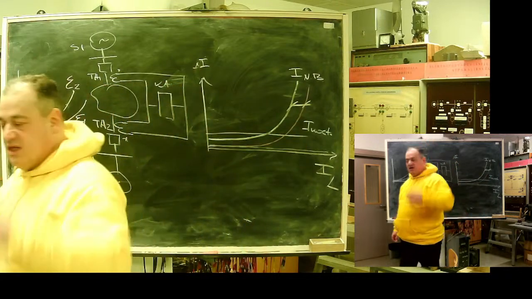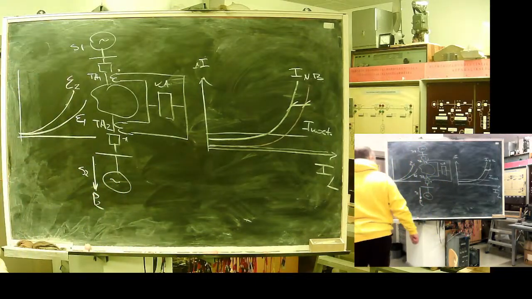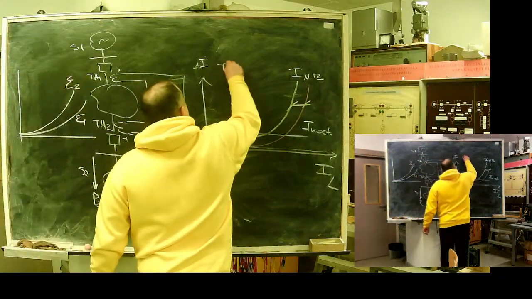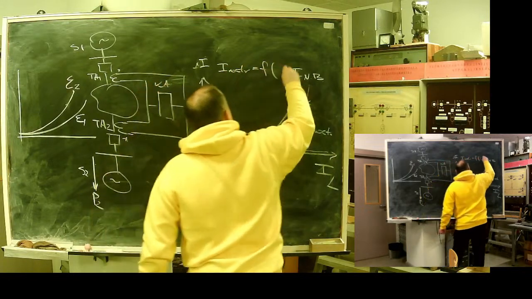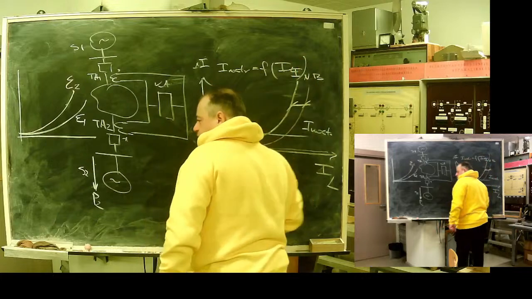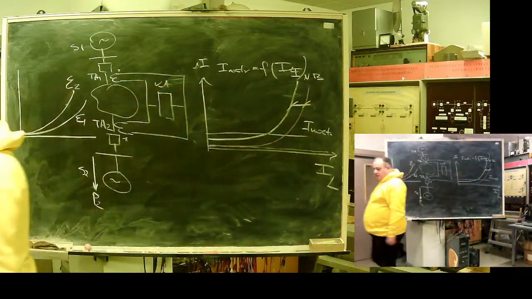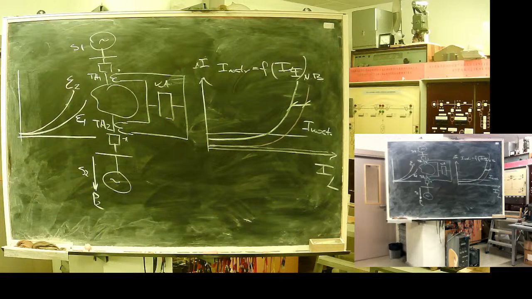In the ideal case, it should be adaptive. So the trip current should be a function of load current. Otherwise, we will suffer significant loss in sensitivity. It's a problem.